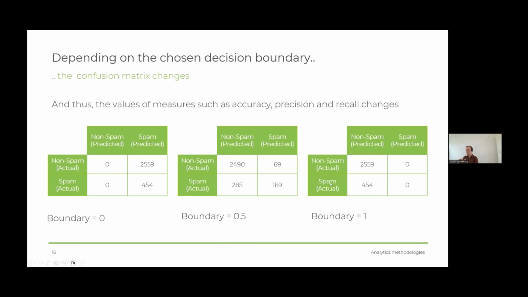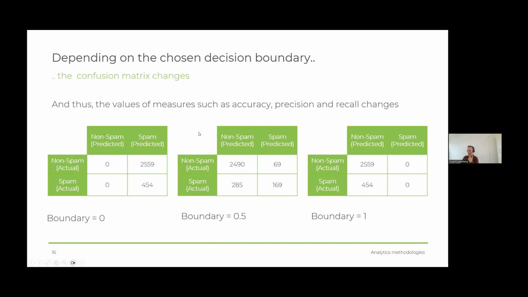But what you can see here is that you can start sliding your boundary more to 1 or more to 0, and that will definitely affect all these metrics. So it's not just looking at the KPIs, but also looking at the KPIs like precision, recall, and accuracy in the context of your boundary.